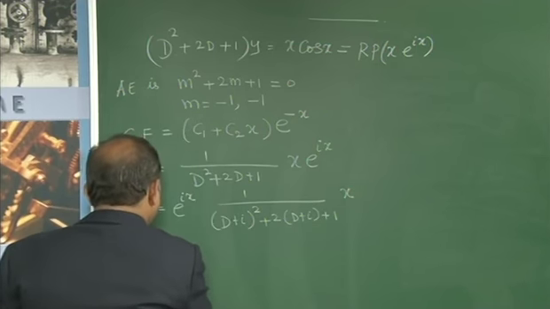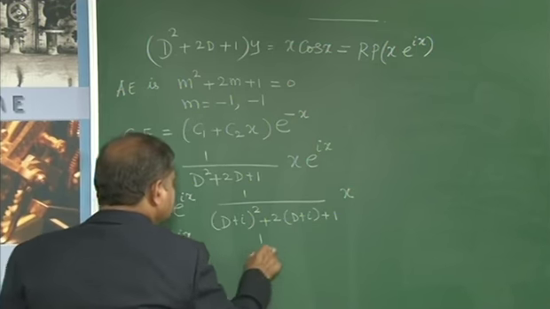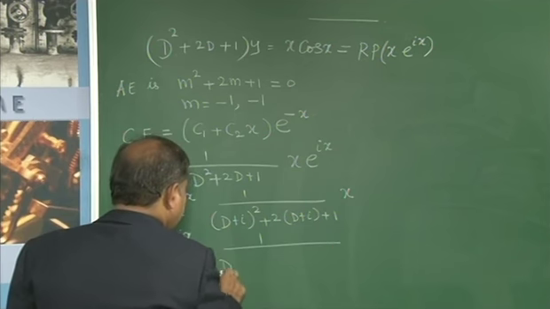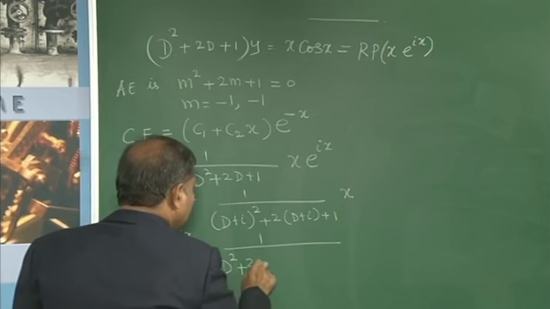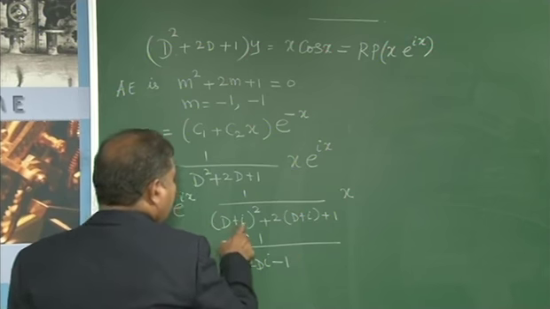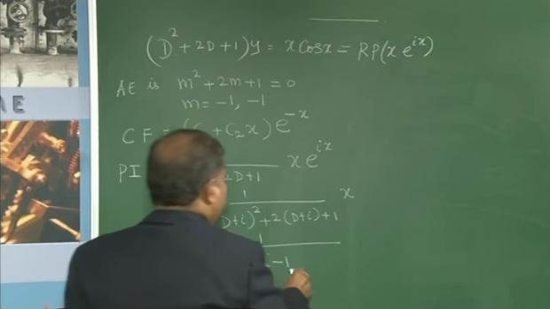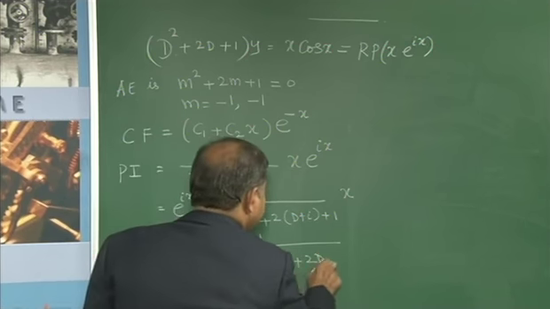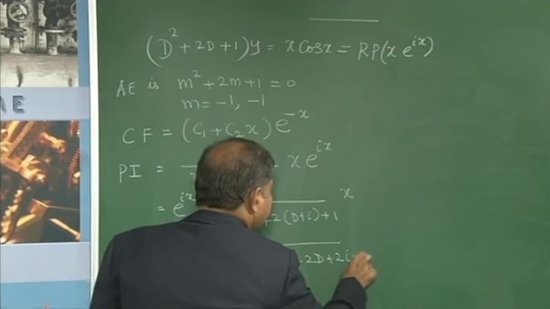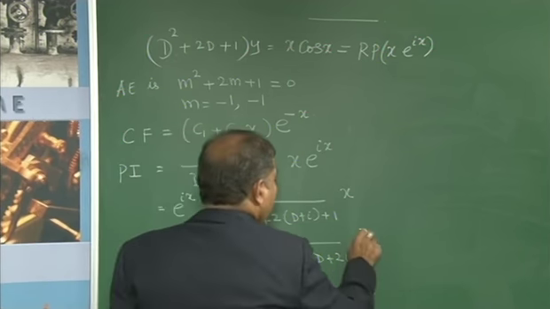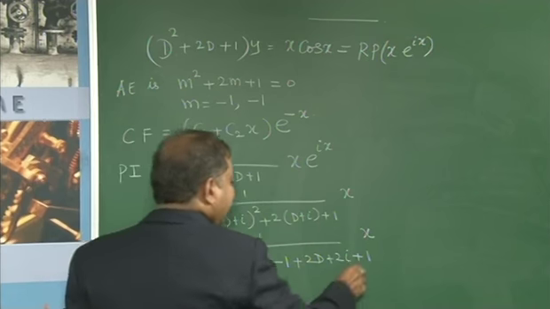Simplify it: e power ix, D squared plus 2Di minus 1, since i squared will become minus 1, plus 2D plus 2i plus 1 on x. 1 gets cancelled.